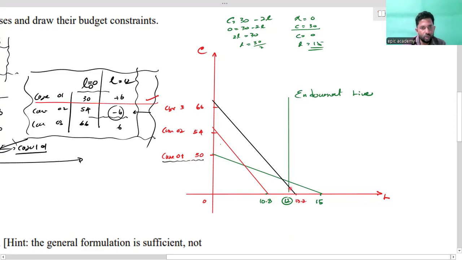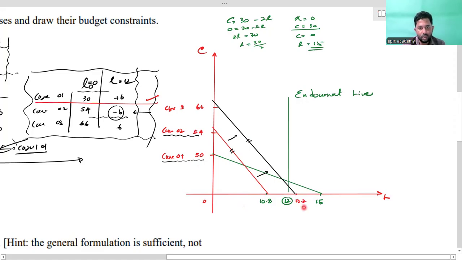But if they shift to consumption number 2, that means their income and preference also change. But in here, you can identify something like a parallel shift, isn't it? From the second to third cases, it just looks like a parallel shift.